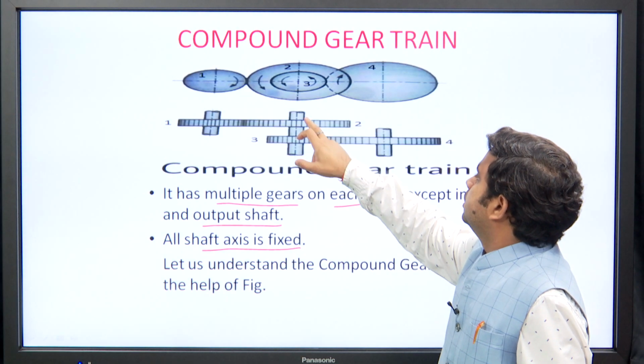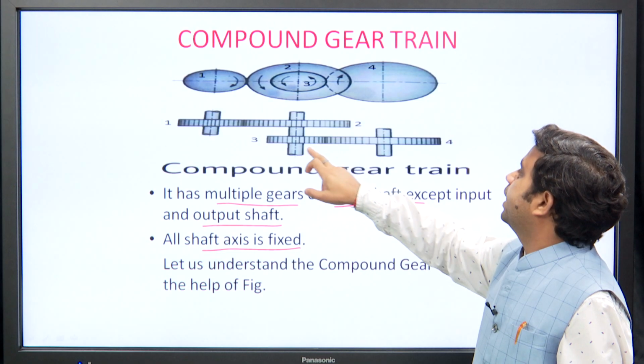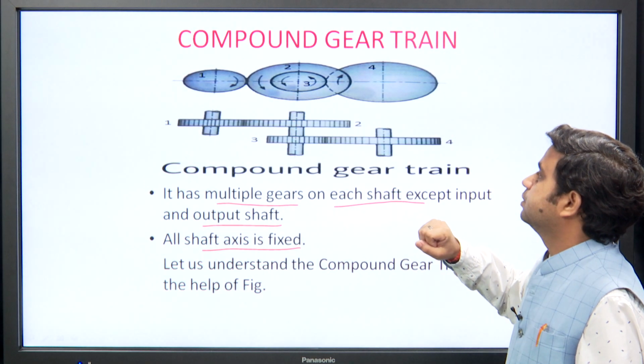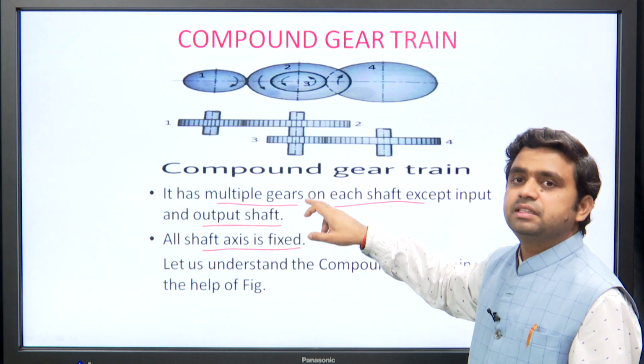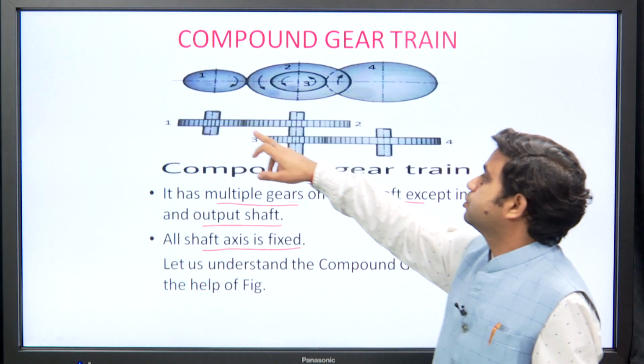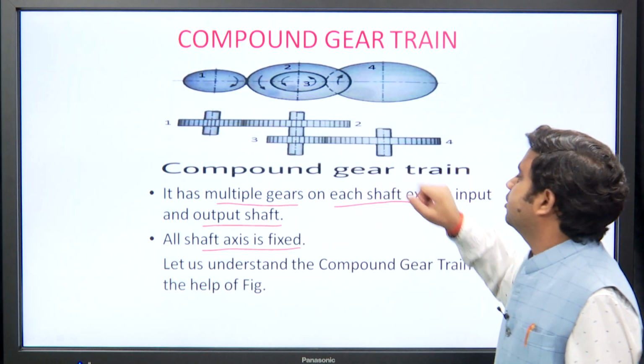And the most important point in this figure is that gear 2 and gear 3 are on the same shaft. So, this is the compound gear train, and we can also see that the shaft axes are fixed.